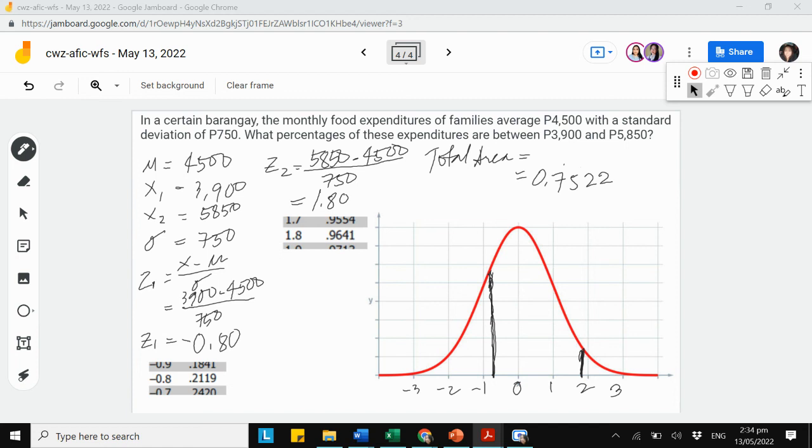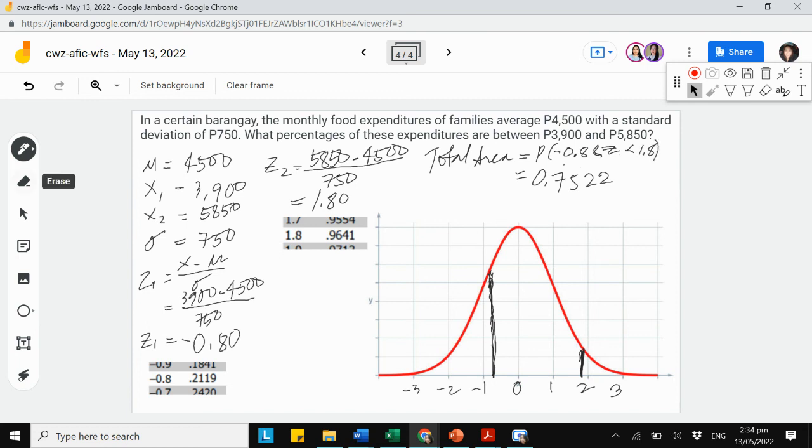Okay, so for the total area, it's actually based on the probability that negative 0.8 is less than the z-score, or yung pinakagitna natin, and is less than 1.8.